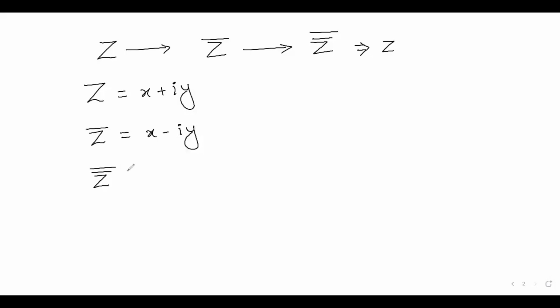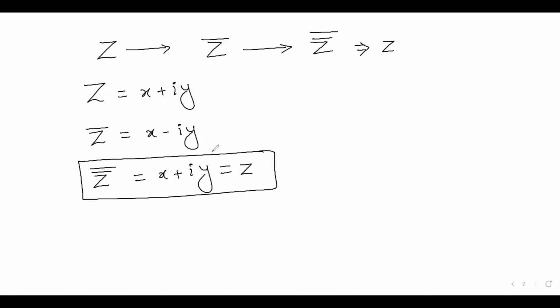Again, if we take the conjugate, we will get x plus iy, which is basically the original z. So that's a property also. Now how can we represent this complex number z and its conjugate? Next we are going to see their representation.